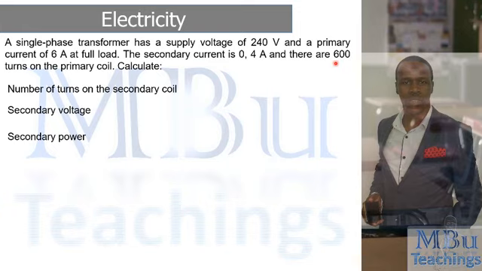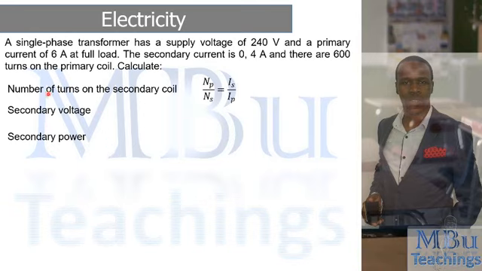We have 600 in the primary. We need it for the secondary. Secondly, we need the secondary voltage because the supply voltage is the primary. Then the secondary power. So power is equal to VI, so we'll just use the secondary side for that power.